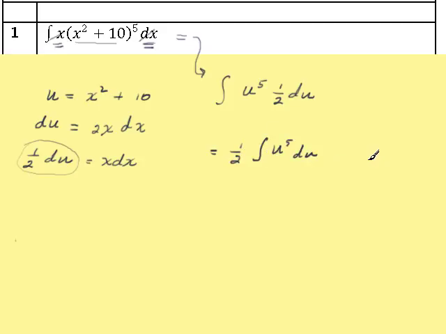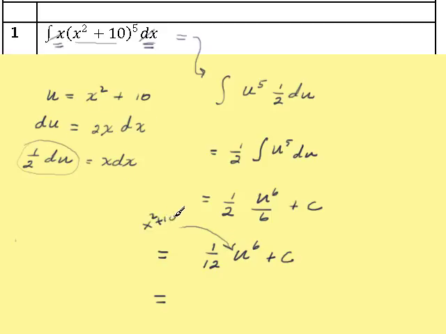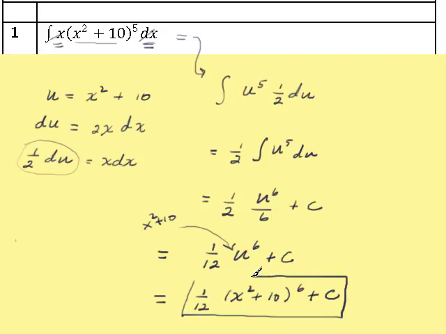We turned this integral into a very simple integral where we can use the power rule. So now we can integrate using the power rule. That's equal to 1/12. Now we're going to substitute back. Remember that u is equal to x squared plus 10, so we're just going to put that x squared plus 10 back. And that is integrating by substitution.